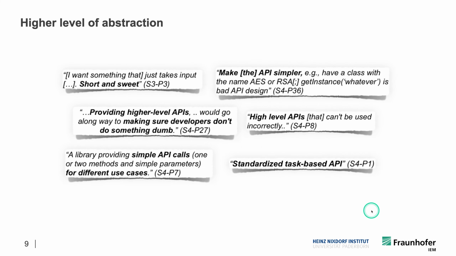Then another interesting idea that people had was a higher level of abstraction. So if developers actually want to implement certain tasks, such as encrypting a file or authenticating a user, why not give them APIs that do exactly that, right? So why is there no file encryption API, for instance? And I think that's a fair point, right?